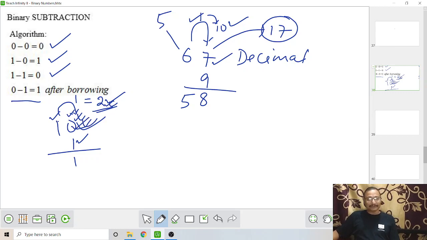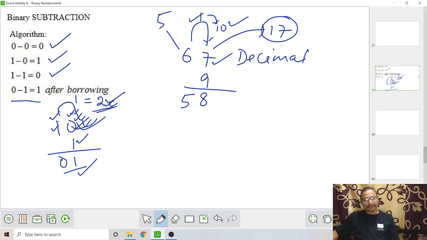So we write 1, and for this place we write 0. So the answer became 0 1. But mind it, my dear student, there is no digit like 2 in binary numbers.